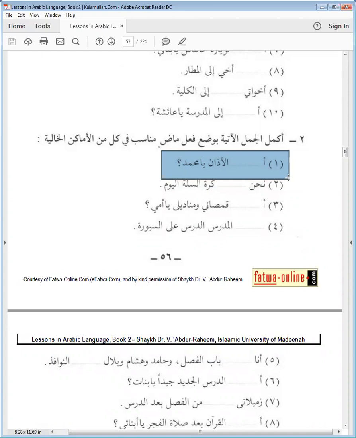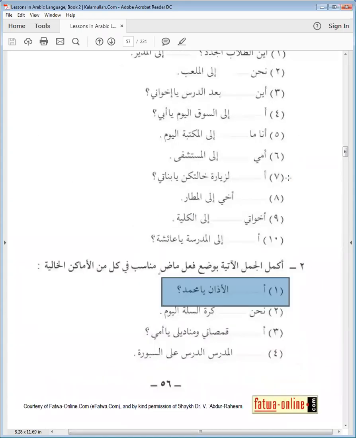So here we have a straightforward case, we use the verb sami'a. It's second person, masculine singular, because we are speaking directly to Muhammad. So you would say: sami'ta al-adhana ya Muhammad.